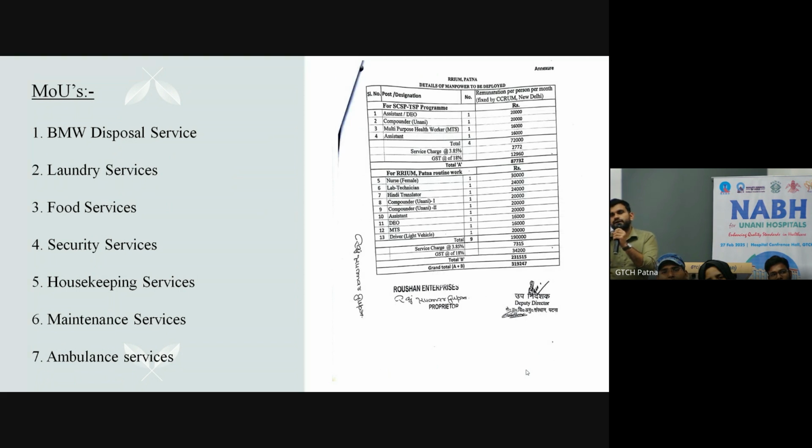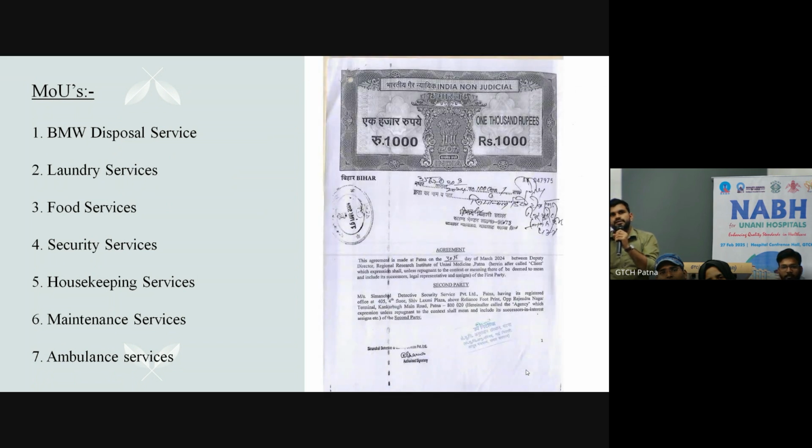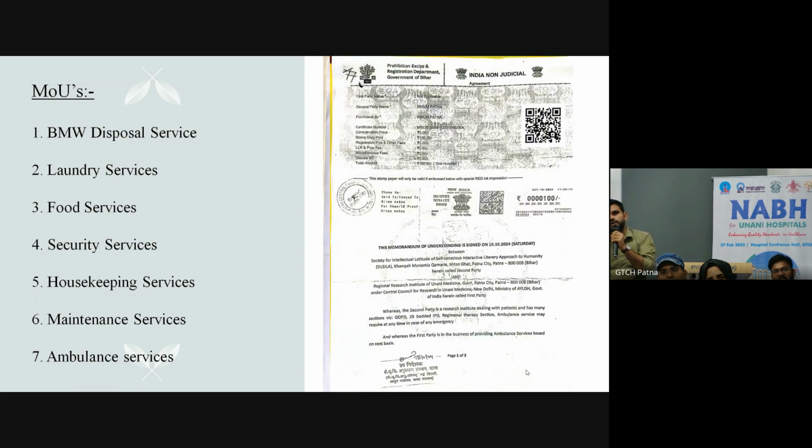Next, security manpower or any other contractual outsourced manpower. This is for security manpower, and this is for ambulance services. For all the facilities we are not providing, we need to sign a MOU with an external agency so that we can make our hospital fully fledged and all the facilities are provided in our facility.